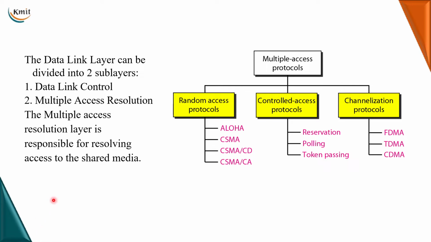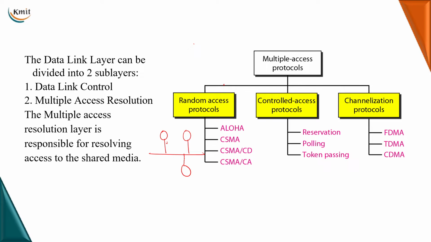What do you mean by access to shared media? See, if we have multiple stations accessing a single shared medium at the same time, which device has to be given permission to access or transmit is called multiple access resolution.